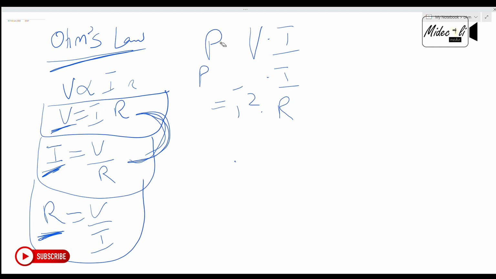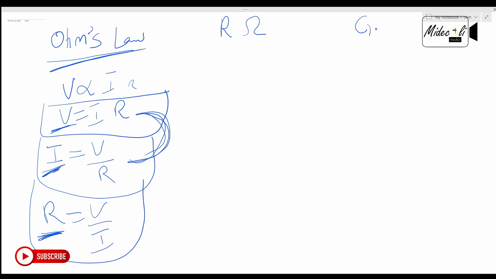Now let's look at our resistors and conductance G. Resistor's SI unit is ohms and conductance is the inverse of our resistor. So if our resistor is equal to V over I, right, our conductance G is equal to I over V. Why?